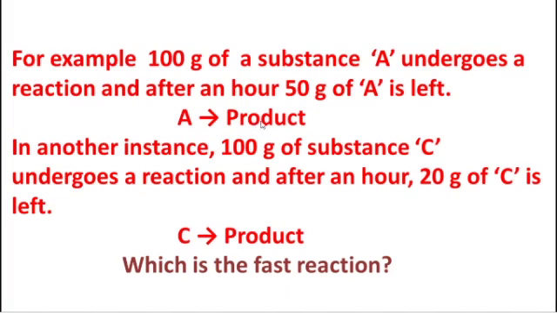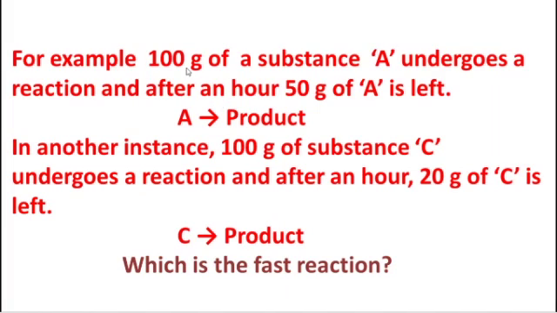A gives the product. In another reaction, 100 gram of a substance C undergoes a reaction and after an hour 20 gram of C is left. We have to compare these two reactions.